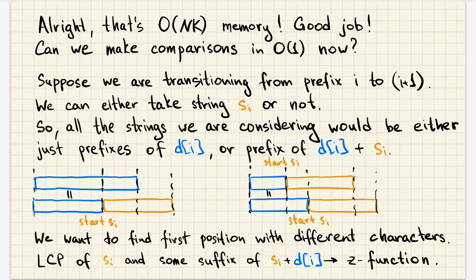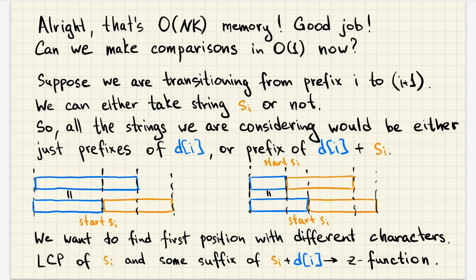Technically, there are more different cases, but the idea is the following: we want to compare a prefix of d_i with a prefix of d_i, maybe of different lengths, with s_i added in the back, and two different prefixes of d_i with s_i.